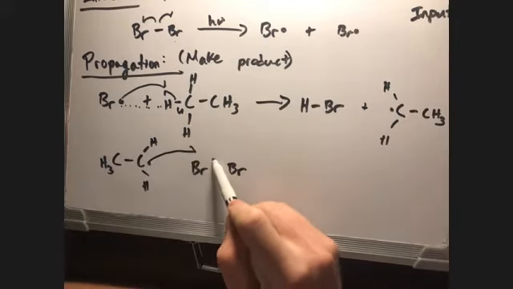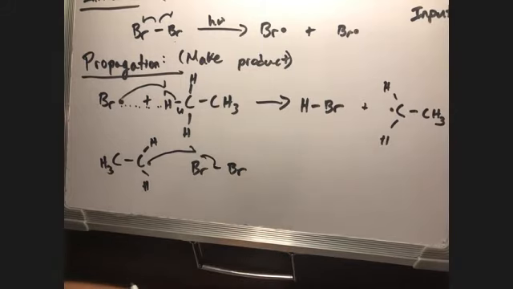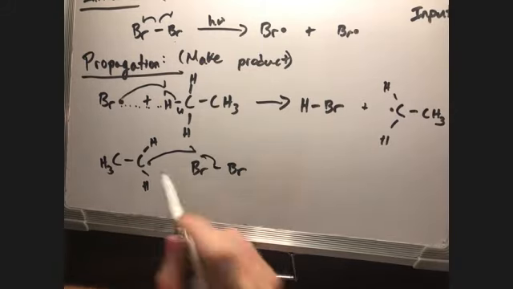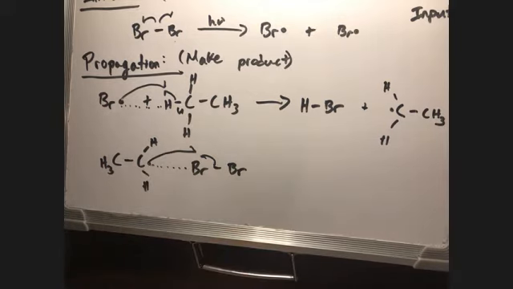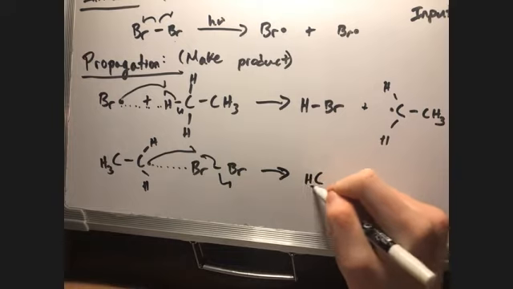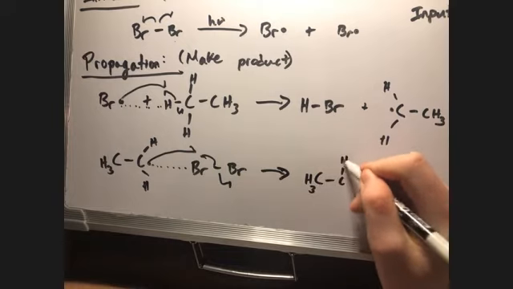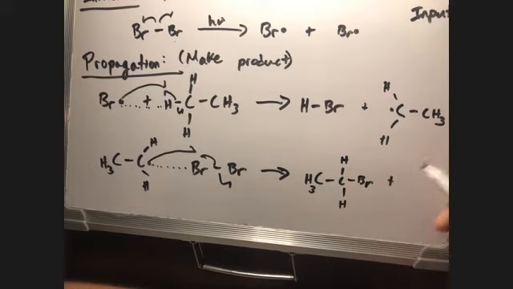So now this homolytic cleavage of the bromine-bromine bond occurs. You create a carbon-bromine bond like this, and then the other bromine becomes a radical. And notice that this will be our product, the brominated haloalkane. In this case, it's bromoethane.